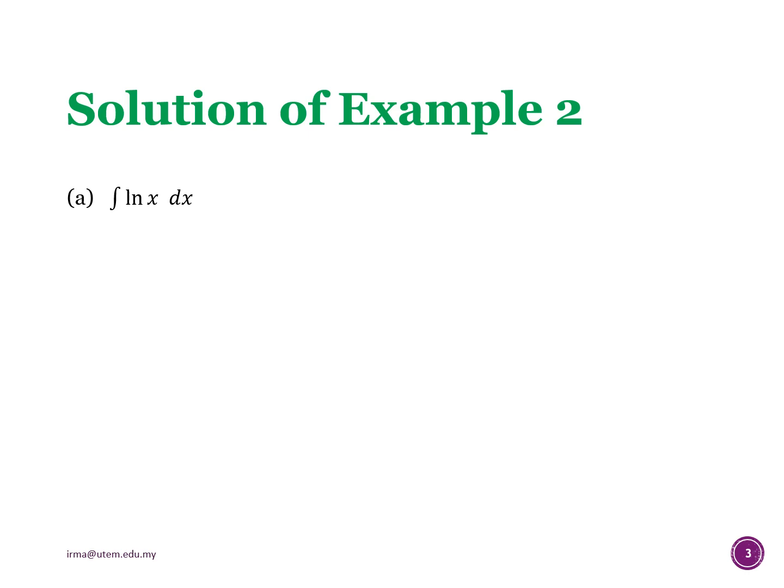We need to integrate that function, and if you see, you only have one function which is ln x. But this question cannot be solved by direct integration, or even using the substitution method. So at this moment, the best way to solve the integration is by using integration by parts.